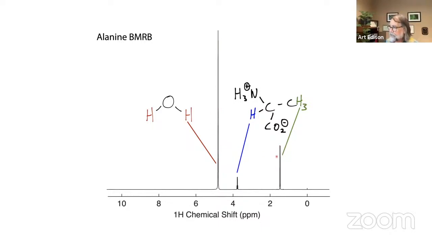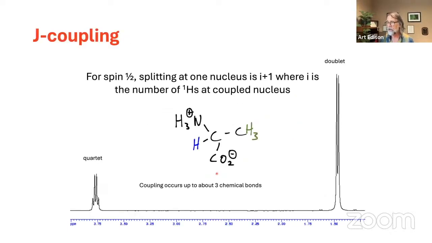Then there's a CH3 group over here, the methyl group, and then the CH group right here, the alpha proton, which is close to 4 ppm. That's a spectrum of alanine, and just having this information by itself allows you to go try to find alanine. You'll see some of that in the fraction library work that Chris and others are going to present on Thursday.